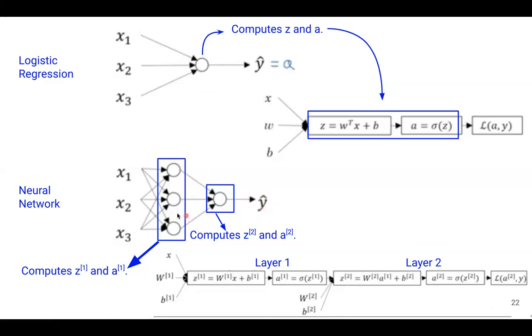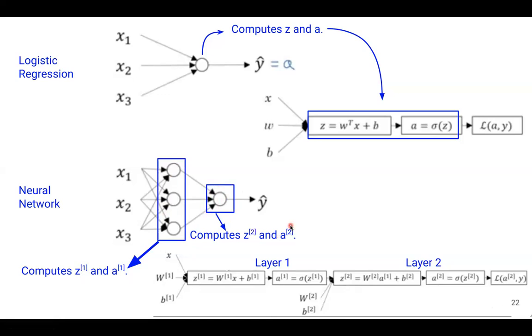And so for the first layer here, recall that we don't call the input layer layer 1, we call the input layer layer 0. So layer 1 is this first hidden layer, and this will compute, now we will not call it Z and A, we will call it Z1 and A1, to make sure that these are associated with layer 1. And then the next layer, which has only one node, now computes Z2 and A2.